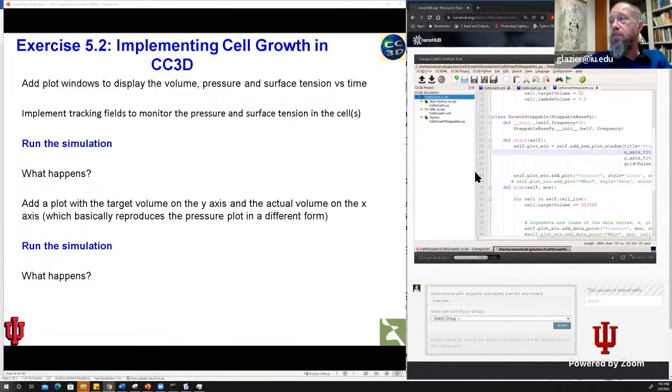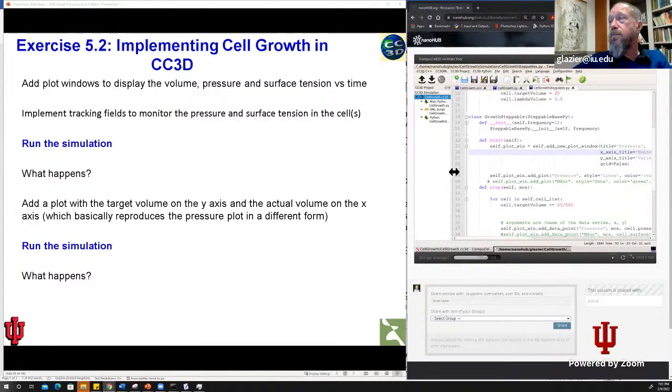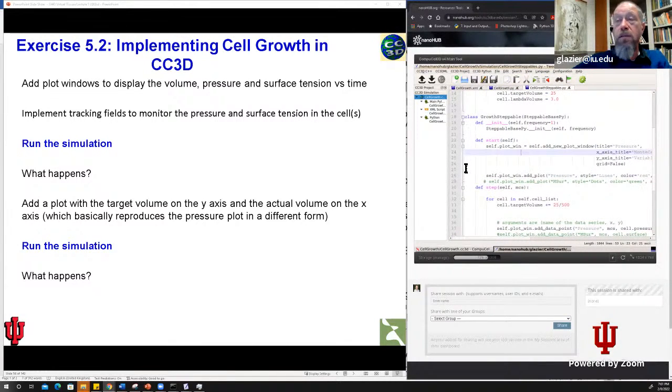It's going to depend a little bit on the scale. And I don't know a priori what the numbers are going to look like. So you might want to create separate plot windows for those. Okay, so everybody take a minute or two to do that.